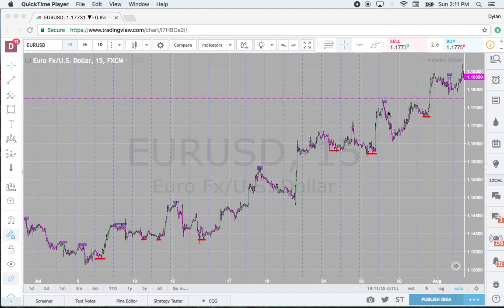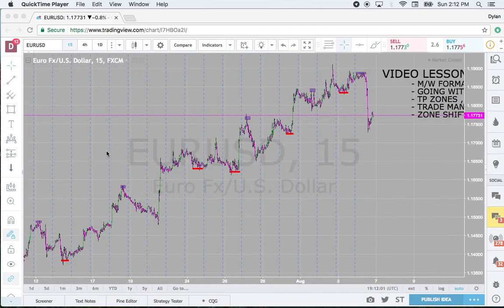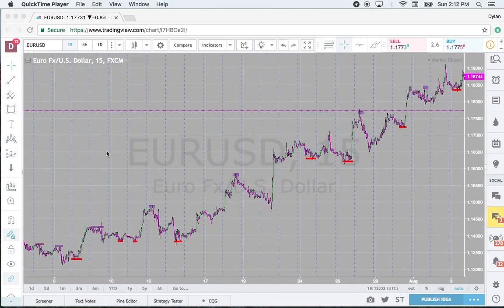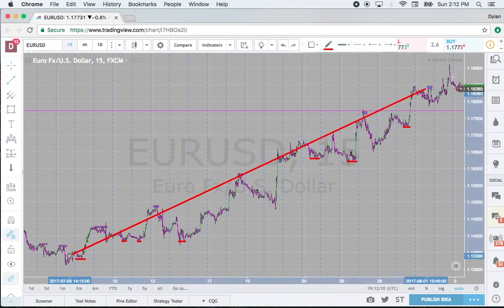this is the Euro US dollar on the 15-minute chart, like usual. What we see is a large uptrend. It's been uptrending for weeks now.